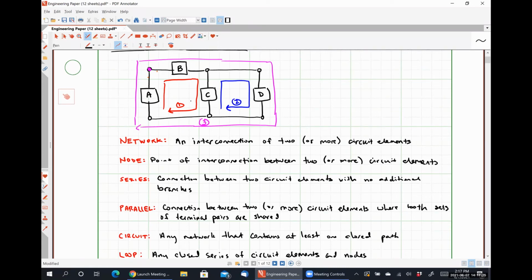So that's the distinction between loops and meshes.